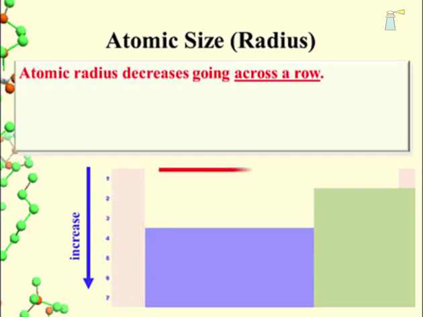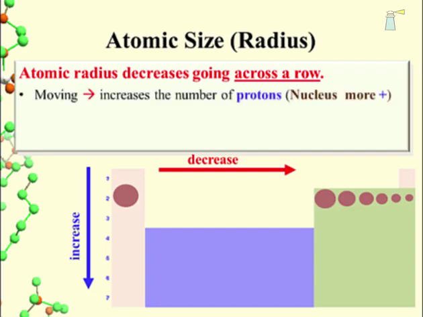As for going across the row or period, atomic radii decreases. This may contradict the argument we just made for explaining larger atoms when moving down a column, but a closer look will reveal a more complex situation. First of all, moving across the row increases the atomic number and therefore the number of protons.